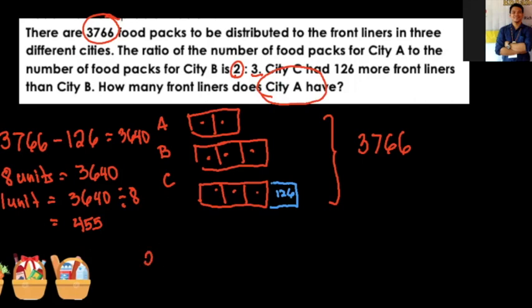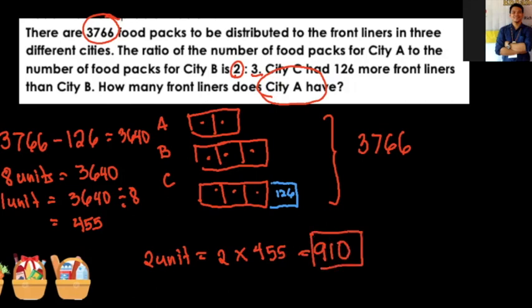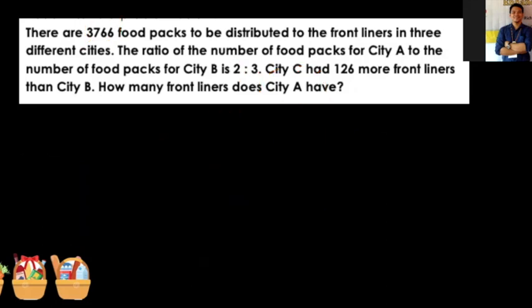So that is 2 times each unit, which has 455. So that is 2 times 455. So that's equal to 910. Therefore, there are 910 frontliners at City A. Okay, I hope that is clear. Let's now go to our last word problem.